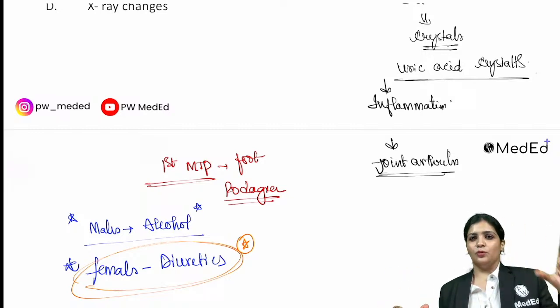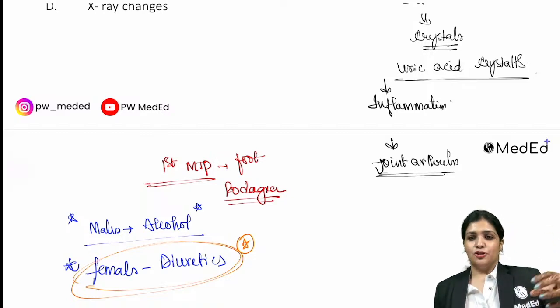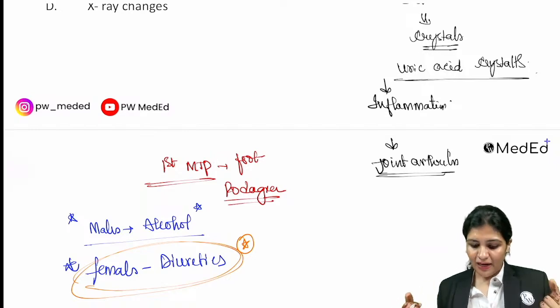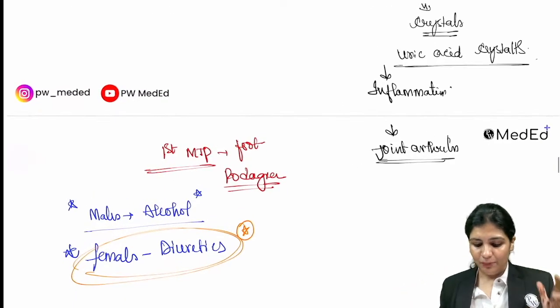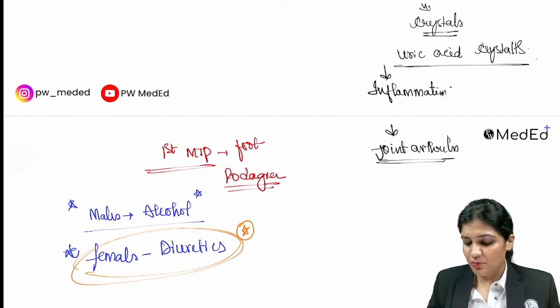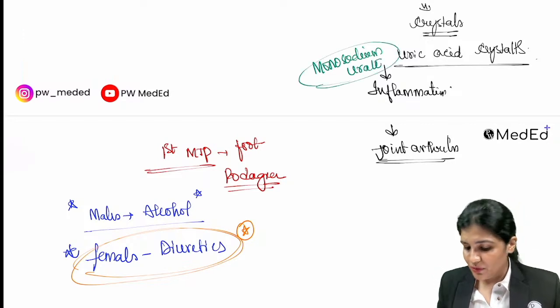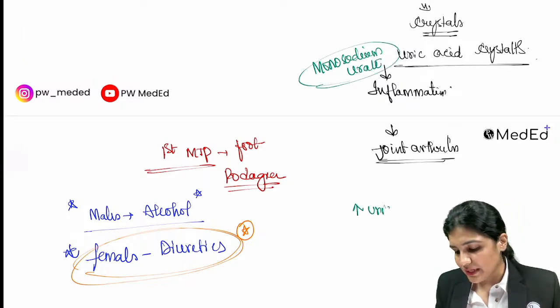So the uric acid will become more in the blood and get deposited in the joints, and now they complain again with the first MTP, right? So here the answer again will be gout: monosodium urate crystals. That uric acid is in the form of monosodium urate crystals, and here you will see increased uric acid levels in the blood, right?